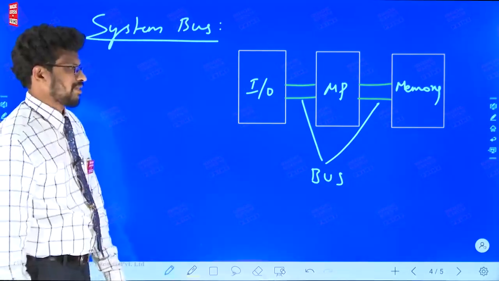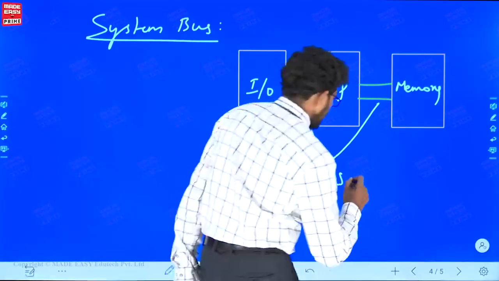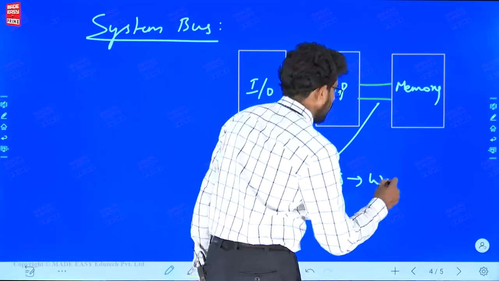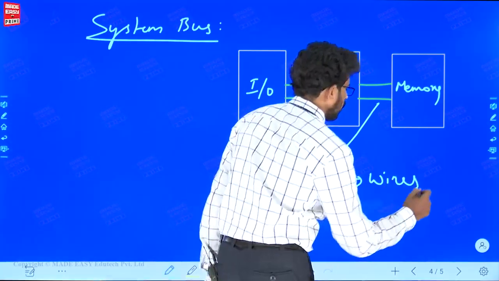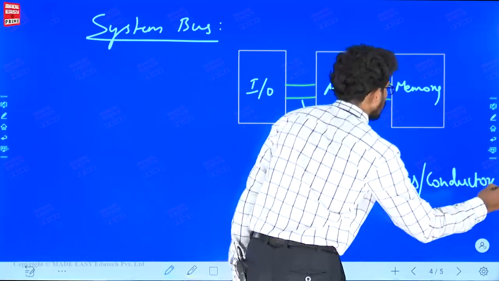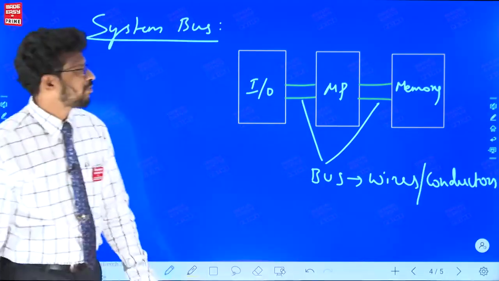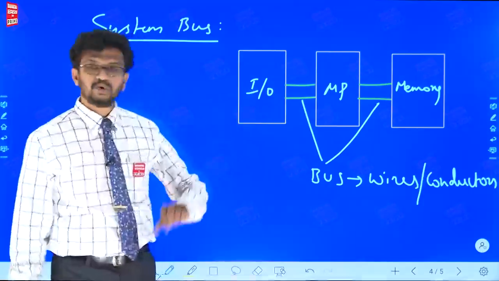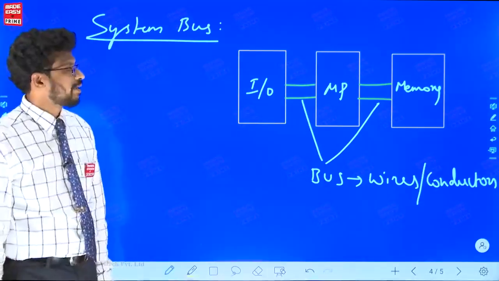So, what is this bus? Bus is simply a group of conductors or wires used for communication between processor, memory and the input-output device. That is what we call bus.